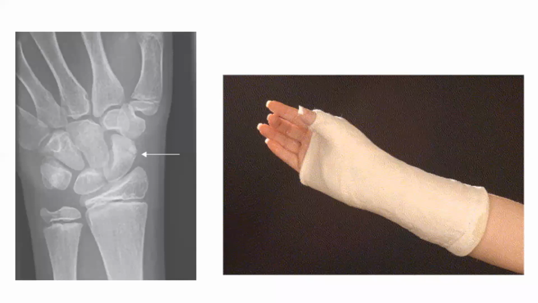The scaphoid bone gets its blood supply from the distal end in a retrograde manner to the proximal end. If the distal end is fractured, it is less likely to get complications. But if the proximal end is fractured, it is more likely to get avascular necrosis. Okay.